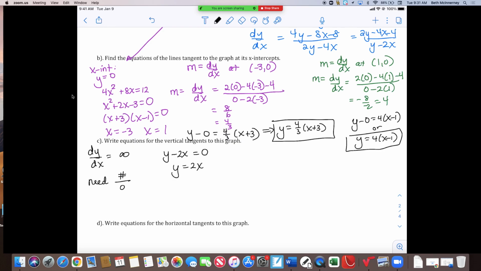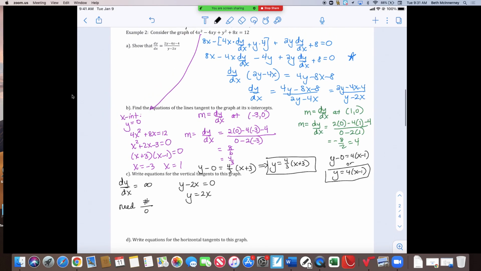So y equals 2x. Well, we sort of have a problem. That is not the tangent line. That's just what y is. So watch what we can do.